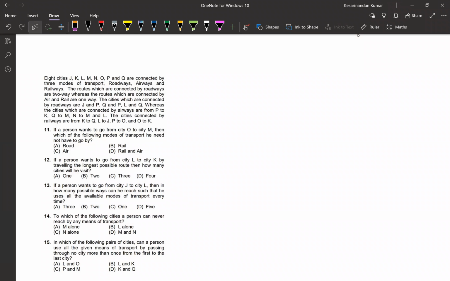The routes which are connected by roadways are 2-way, whereas routes connected by air and rail are 1-way. So the key point to remember is roads are 2-way, others are 1-way only: air and rail.